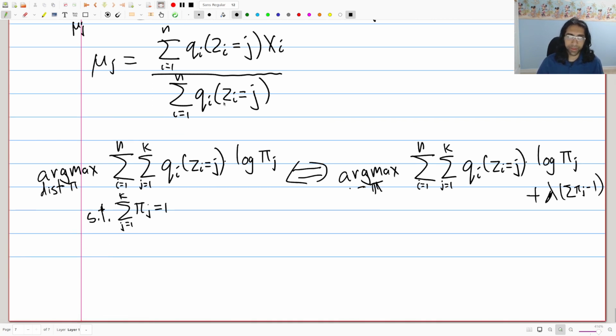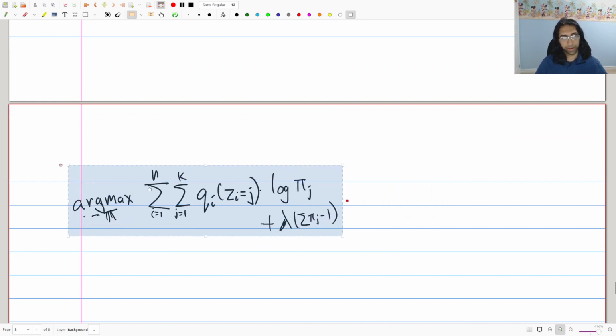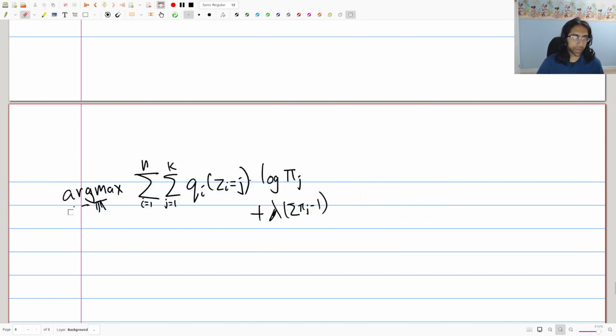Okay, that's the new expression we have. So let's make a new page, and in fact I'll copy paste this just so we have it on hand. This is the expression we are trying to optimize.